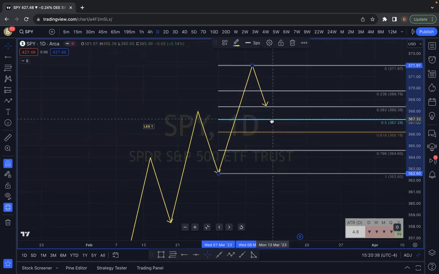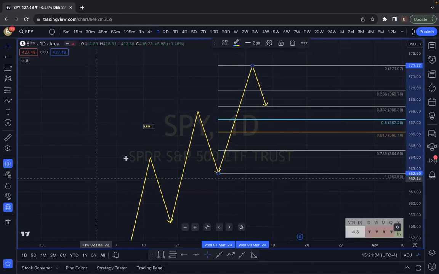The best areas for a bounce back up to the upside are the 0.5 and the 618. And if it gets down to a 786 and it's showing you strength to go back up to the upside, that's also a good place. I usually don't look for 786s, but if I'm presented with a 786 reversal back up to the upside, I will take it. But that's not something I necessarily look for.